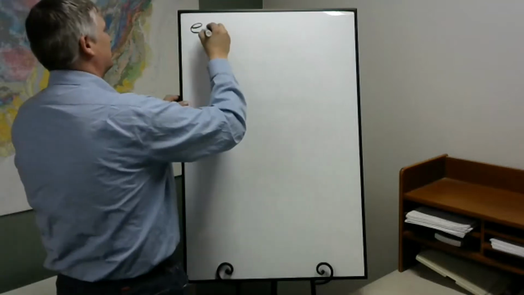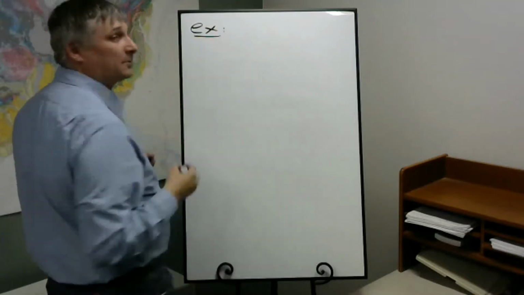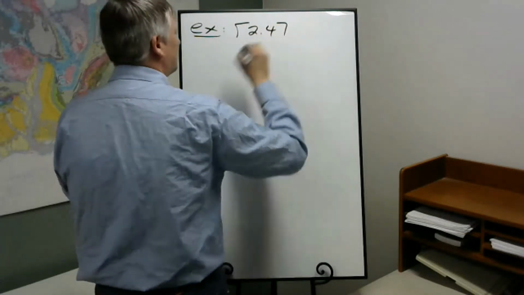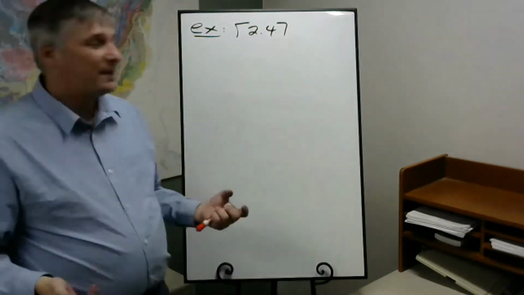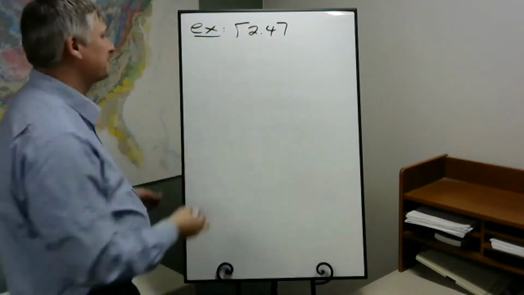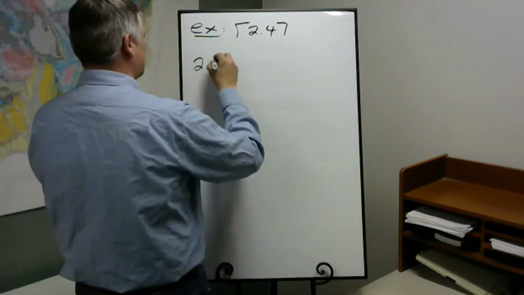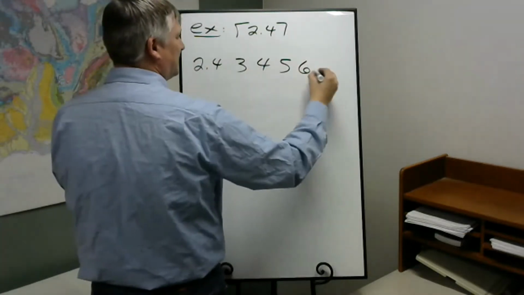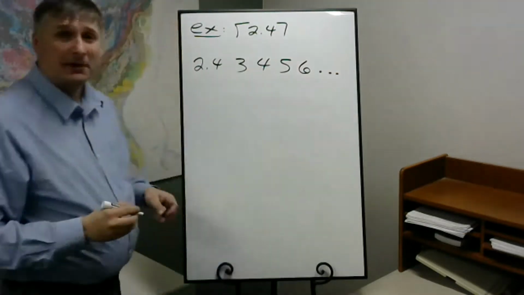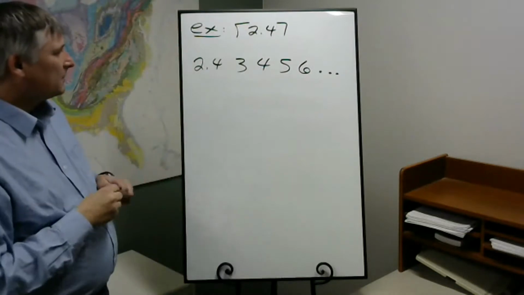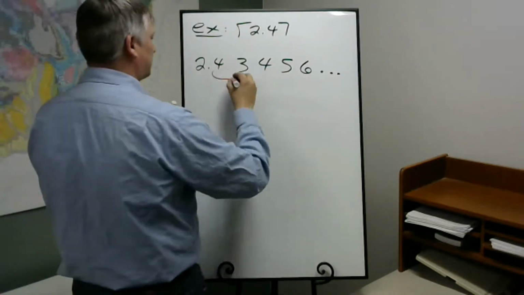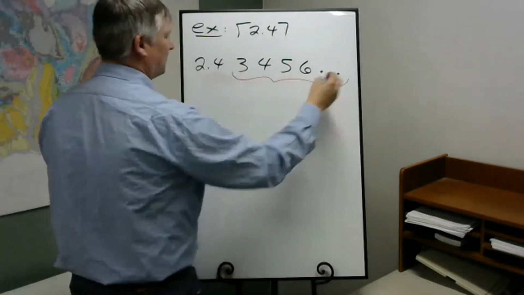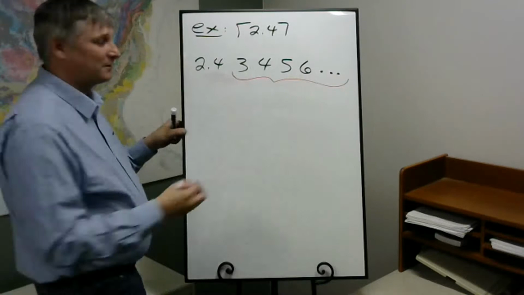So for example, let's bring back 2.4. So now we're going to look at the integers larger than 2.4. So 3, 4, 5, 6, and so on. So of these, three is least.